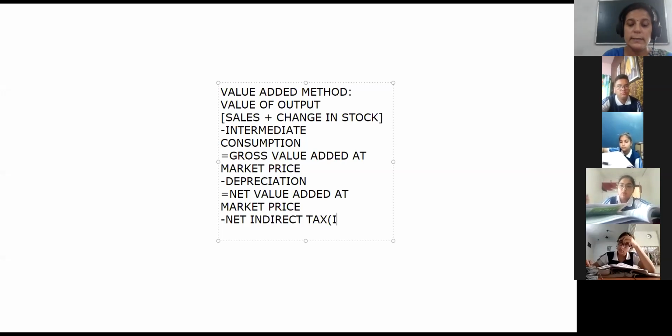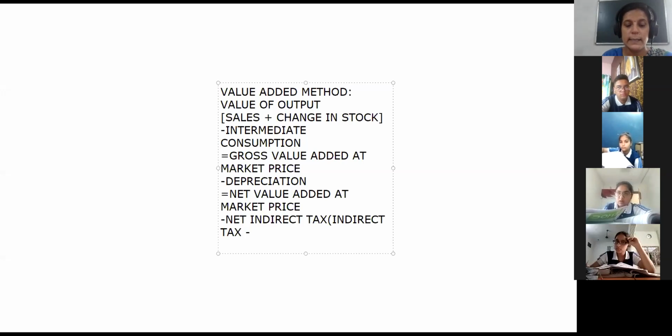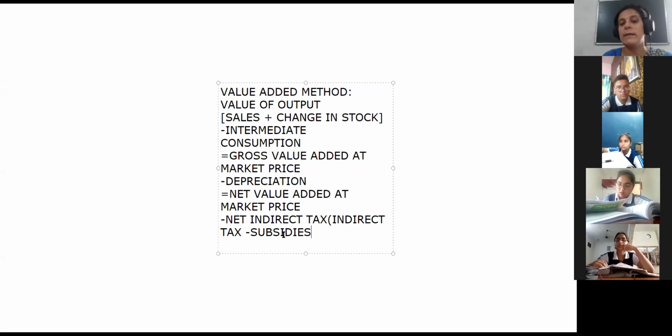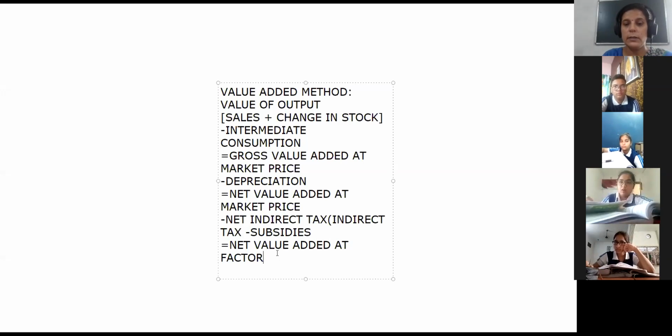So how you will calculate it is indirect tax minus subsidies. Okay, तो इस तरीके से सब्सिडीज जो है वो प्लस हो जाती है, इनडायरेक्ट टैक्स माइनस हो जाते हैं. इन दोनों को माइनस करने से हमारे पास आता है नेट इनडायरेक्ट टैक्स, और इसके बाद हमारी जो नेट वैल्यू आती है, that is known as net value added at factor cost, or it is also known as national income.